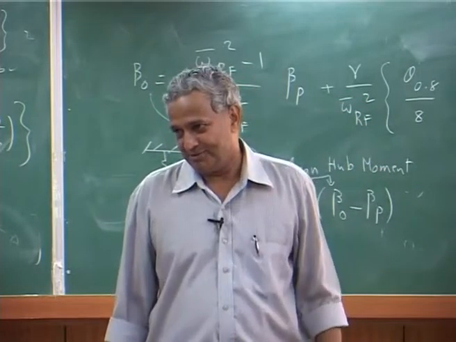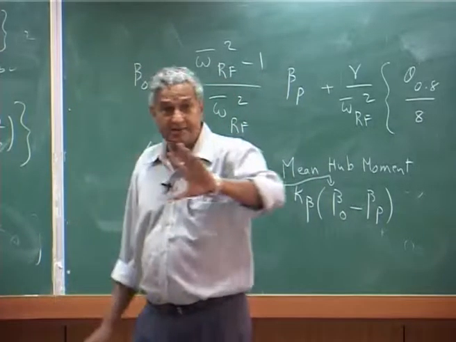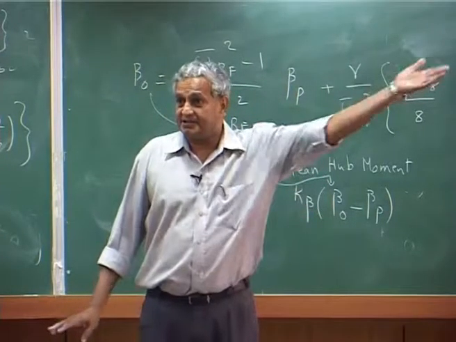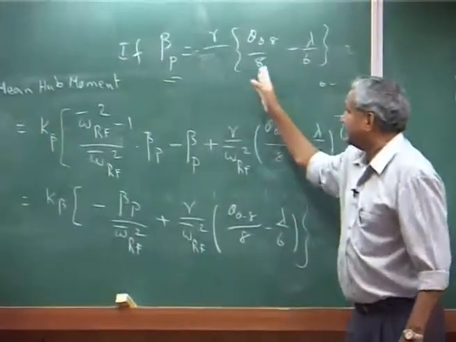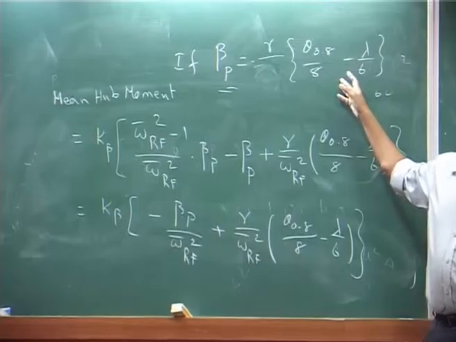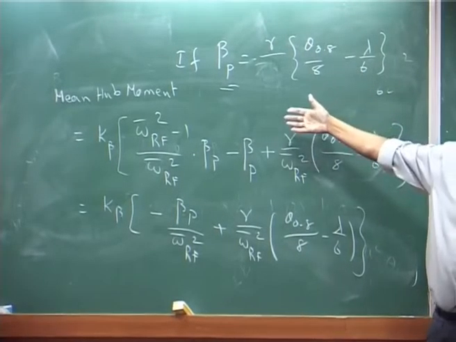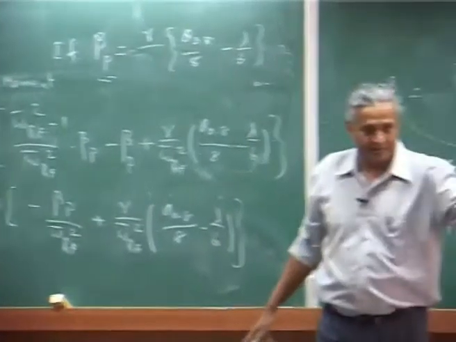So, the whole idea of putting a precone is reducing the mean flap moment acting at the hub slightly. Okay. Please understand, you will not eliminate the moment at all flight conditions, because this is valid only for one particular value. If you start flying at another forward speed, you will have a different flap, then you will get a moment.